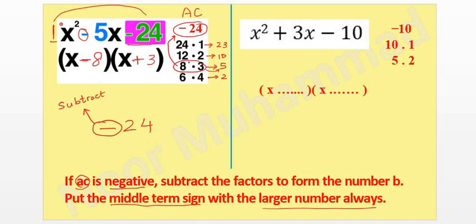In this list, you will always subtract the smaller number from the bigger number whenever you have a negative sign here. The other thing that it tells us is different signs. It means whenever you make the factors here, you will keep their signs different. So the factors will have different signs. Let me explain with the help of another example.